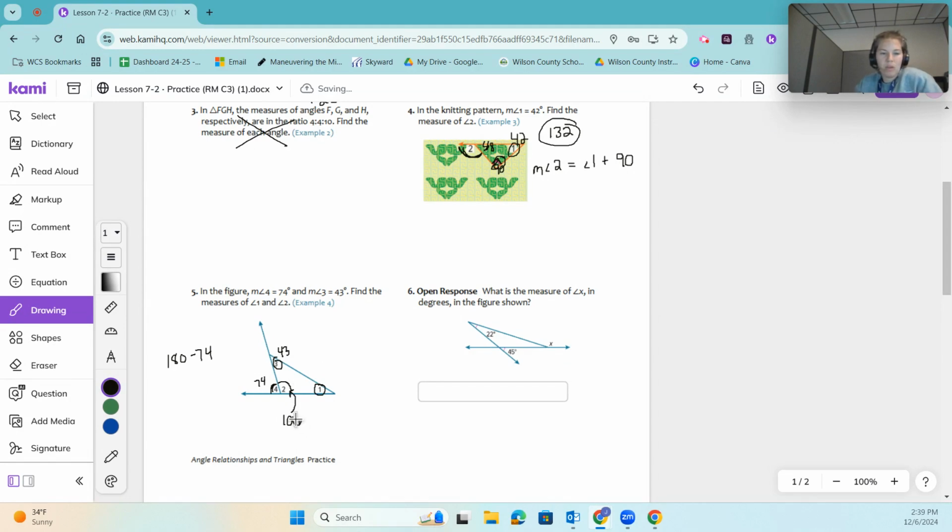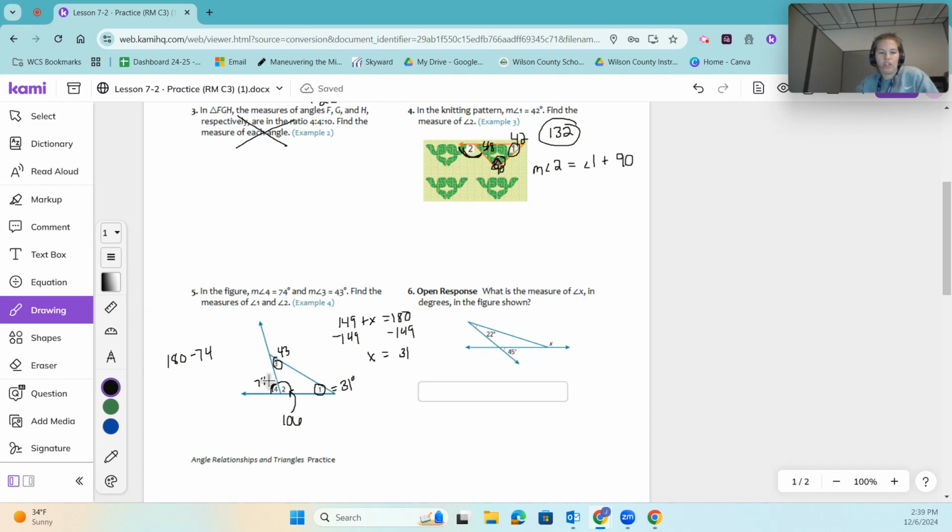Then we can add 106 plus 43 and get 149, plus some number is going to equal that 180. So we subtract that 149 from both sides to figure out that it's 31 degrees. That should be angle 1 here.